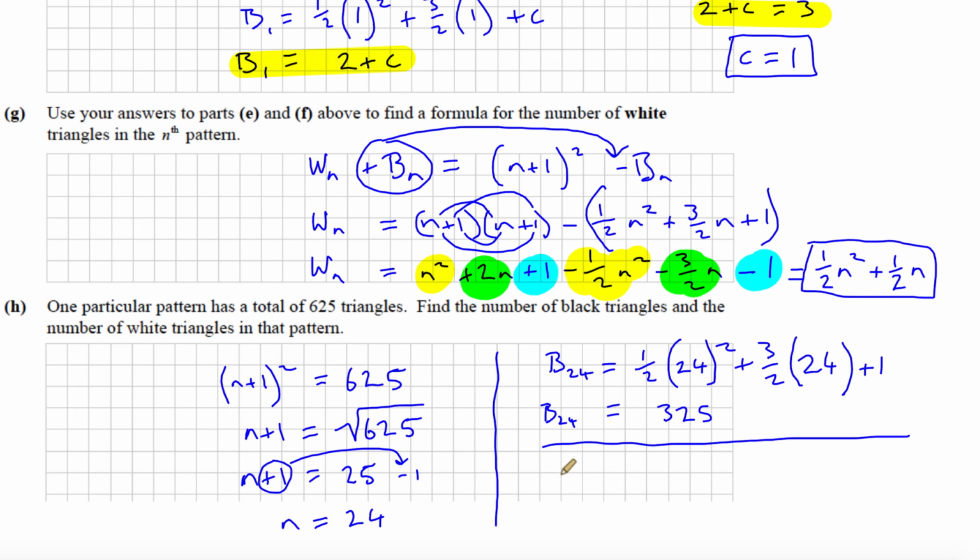B24. And then we also want the number of white triangles in pattern 24. So that's the nth term here that we just figured out for Wn. So that's a half of 24 squared plus a half of 24.